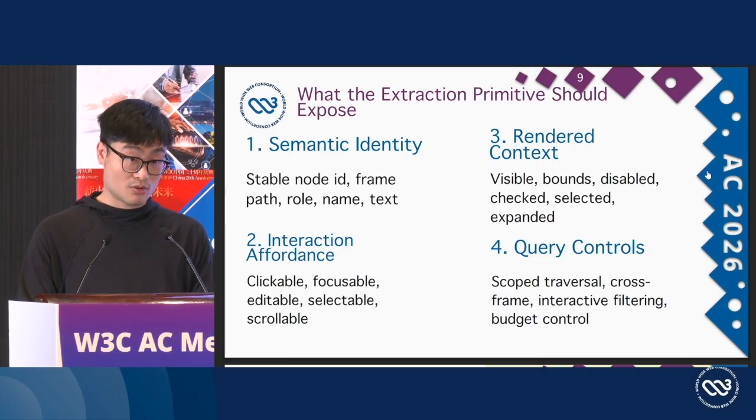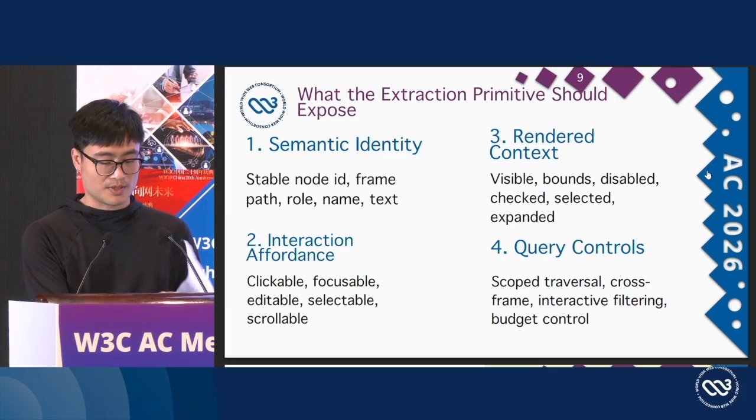The value is straightforward. It gives the agent better grounding before action, reduces false interactions, lowers token costs, and makes behavior more consistent across layouts, platforms, and device environments. That's why we think this is the right shape of browser primitives.